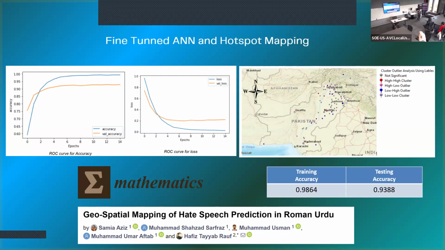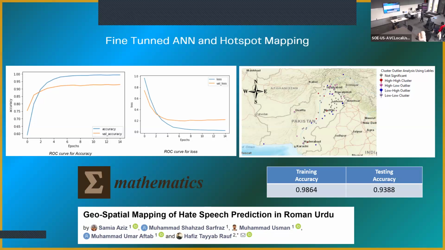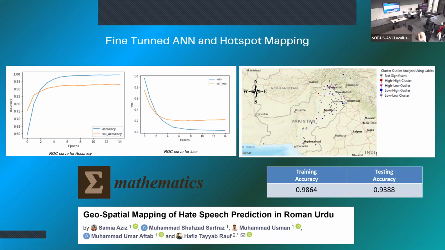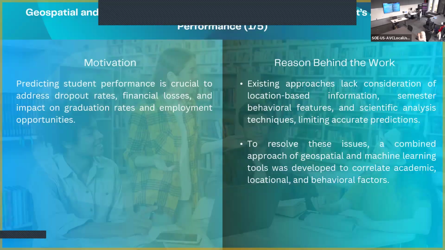What I mean to say is that, despite a deficiency of resources and without proper information or knowledge data sets, we are using freely available resources and transforming them into useful information. This was also published in the Mathematics journal, and the full article is open access, so you can download it and check the information.